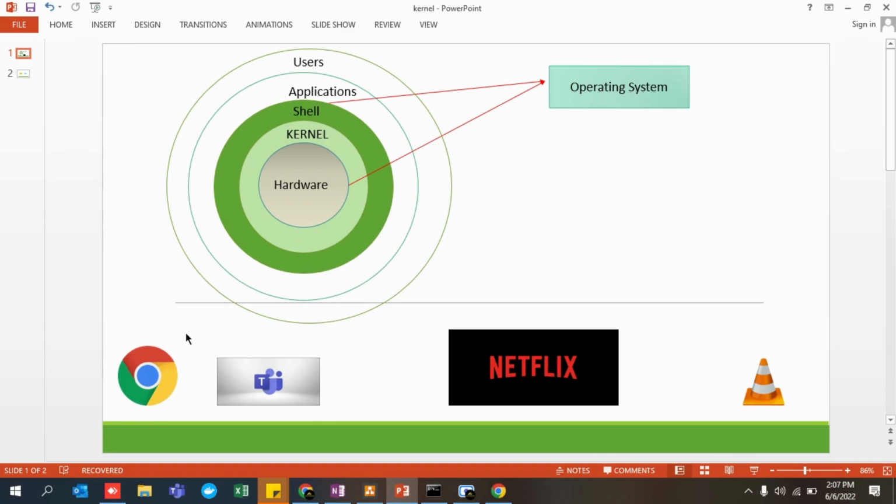Then the kernel will decide, since it is Google Chrome, that it will allocate at least 400 MB of RAM or 1 GB of storage in order to run this. If it does not meet the criteria, you won't be able to run this on your hardware. So this thing we need to know, right?